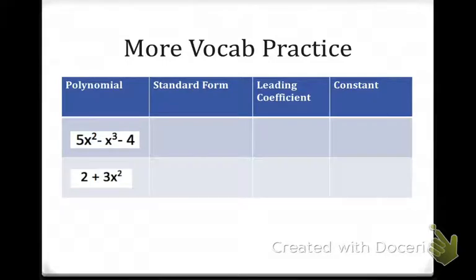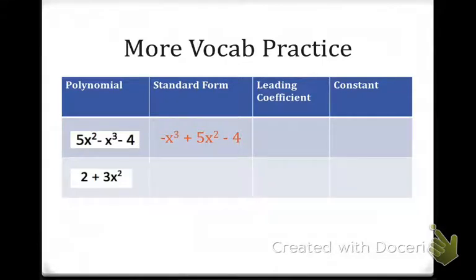Now let's talk about standard form. Standard form of a polynomial is when you put the greatest degree first, and then your degrees decrease. So if I were to rewrite this with the x cubed term first, that term is negative x cubed plus 5x squared minus 4.